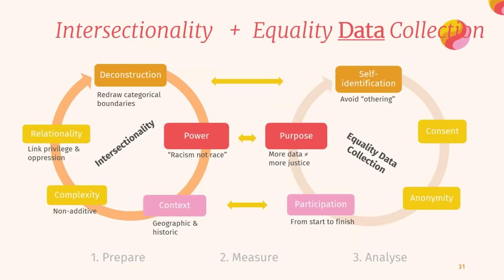it's really important to match up the main dimensions of intersectionality, which you see on the left side. It's about deconstructing, redrawing categorical boundaries that then map onto a certain element of your data collection. So this is about self-identification to avoid othering when people respond to your questionnaire.